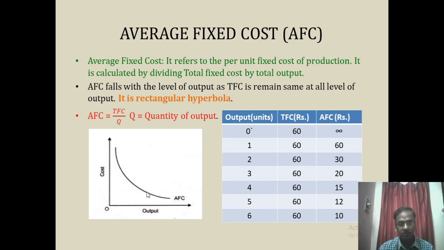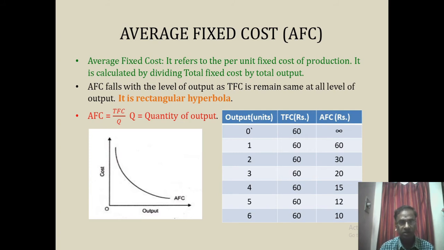The name of this curve is rectangular hyperbola. Rectangular hyperbola means that the distance from this curve to the y-axis and the distance from the AFC curve to the x-axis will be the same. If we draw a line from the y-axis to this curve, and draw that line to the x-axis, this rectangle and another rectangle at another level of output will be the same.